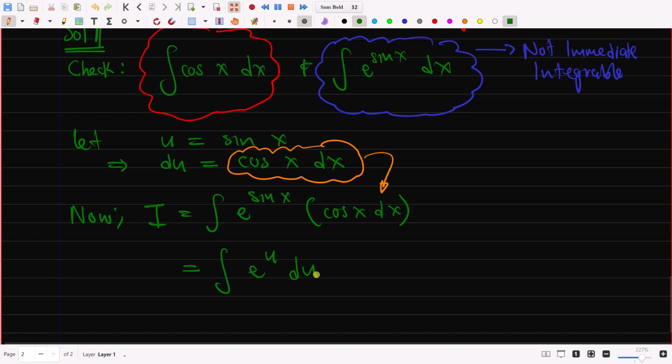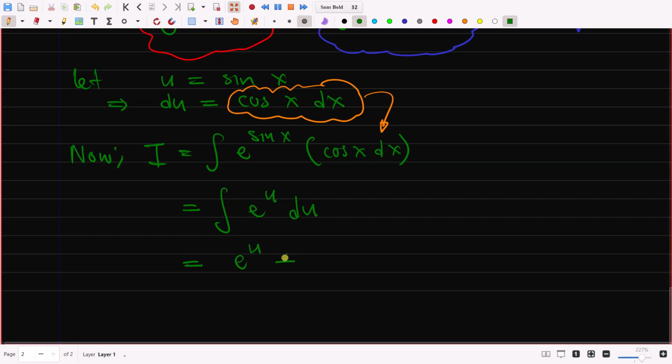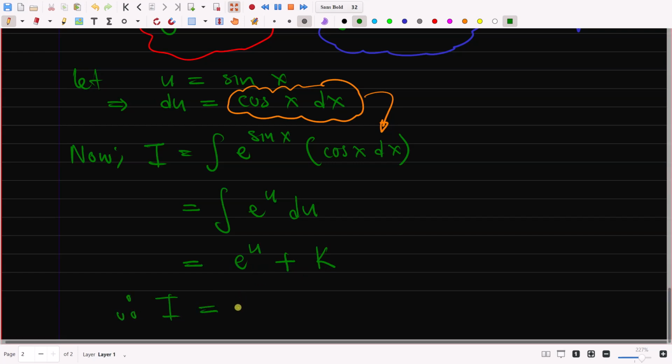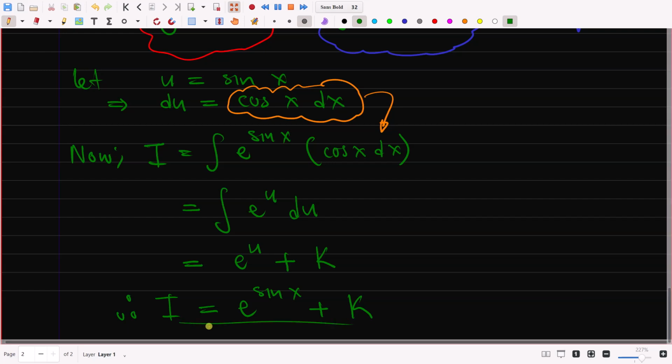If we do that, what we just get is du. Now we're just integrating e^u. You know that the integral of e^u is just e^u plus k. So the final integral I is e to u, but u is sin x, so it's going to be e^(sin x) plus k, like that.